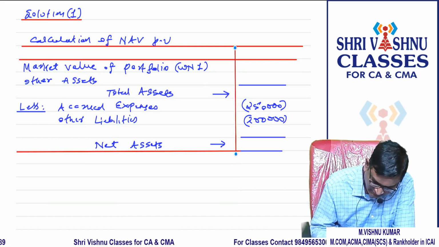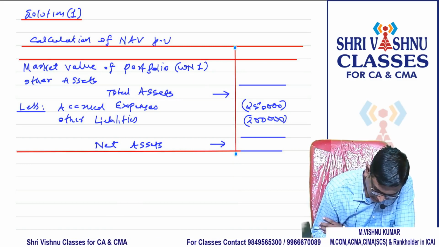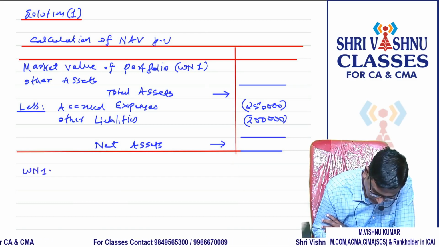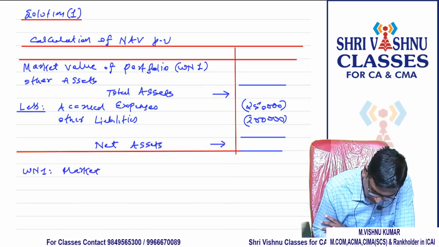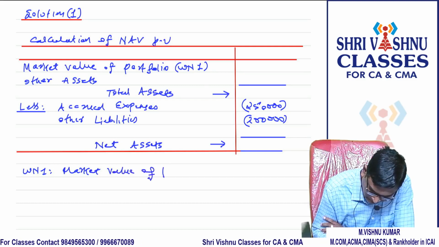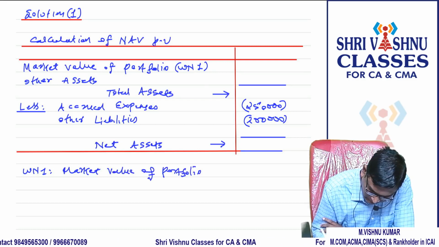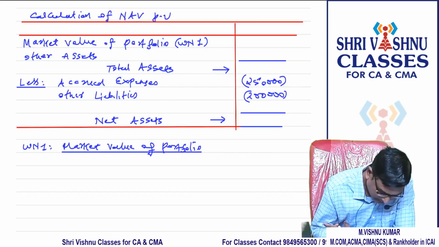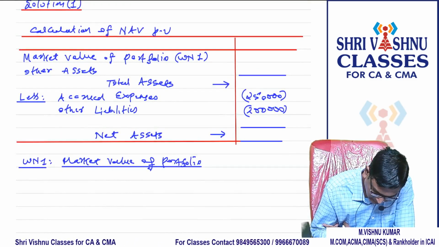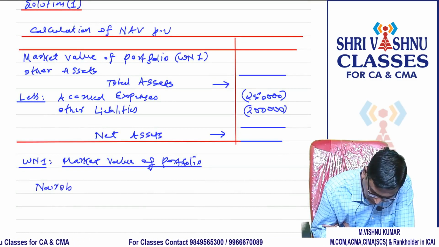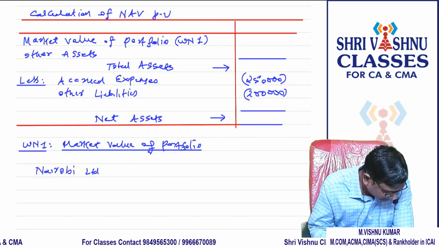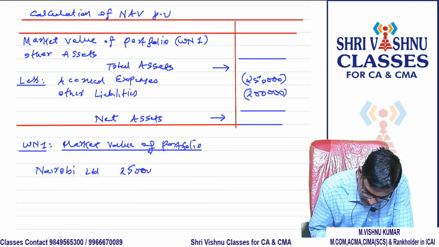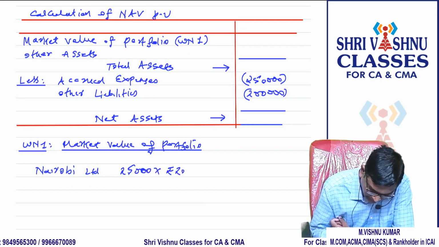First we have to find out the market value of portfolio. First company is Nairobi, 25,000 into 20.